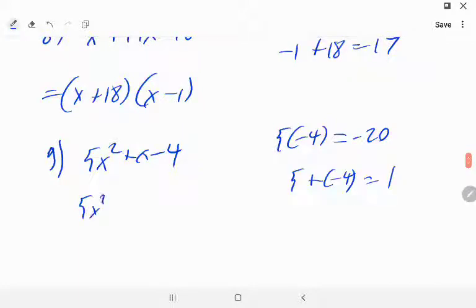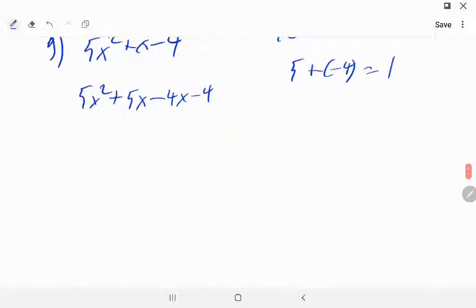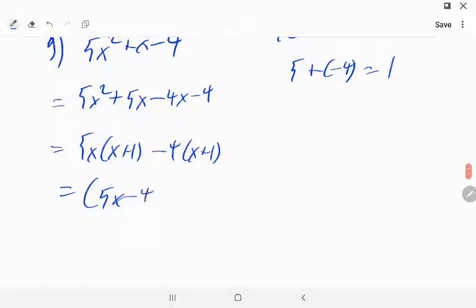And so we're going to write 5x squared plus 5x minus 4x minus 4. We get 5x times the quantity x plus 1 minus 4 times the quantity x plus 1. And so we get the quantity 5x minus 4 times the quantity x plus 1. Easy enough.